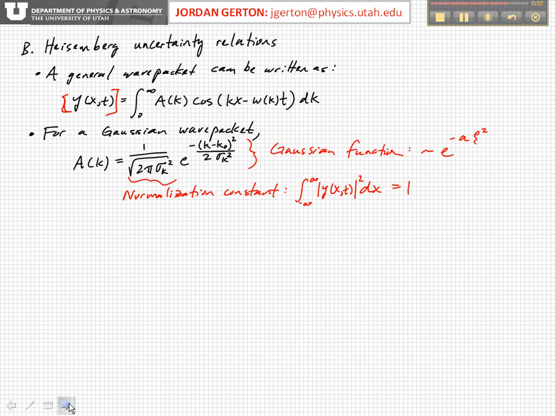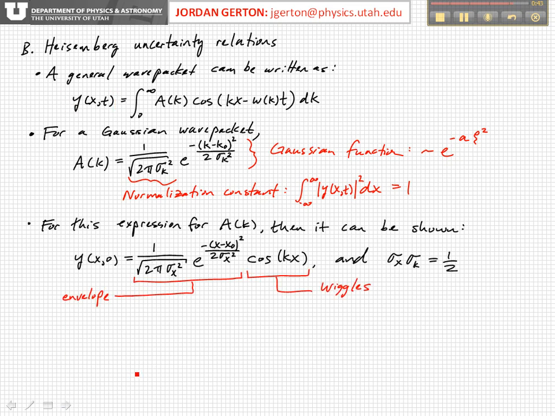So if we have this Gaussian distribution for the wave number values, then it can be shown that at time equals 0, or if you just freeze time, the actual spatial wave function takes on a form which looks very much like a sub k, except that now we replace sigma k with sigma x, and k naught with x and x naught.